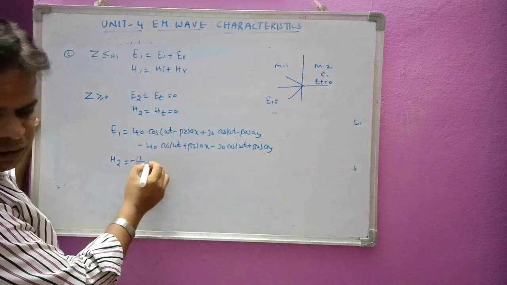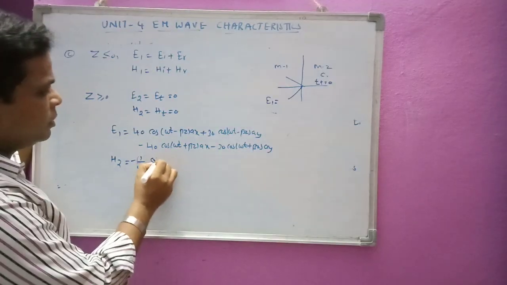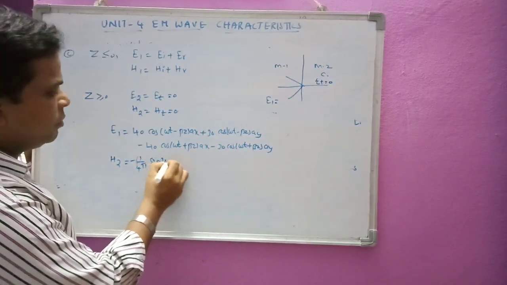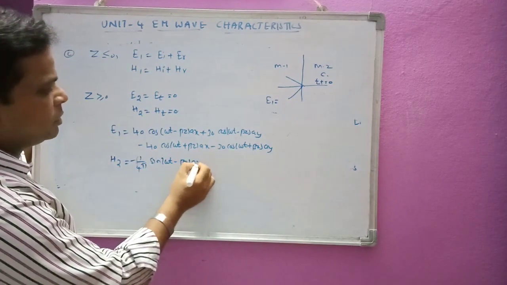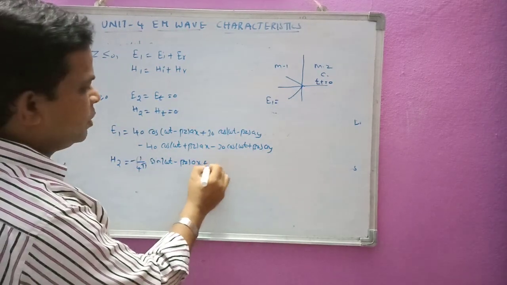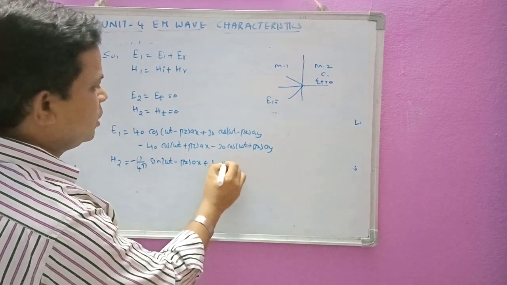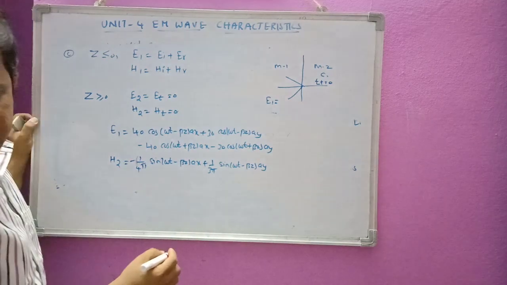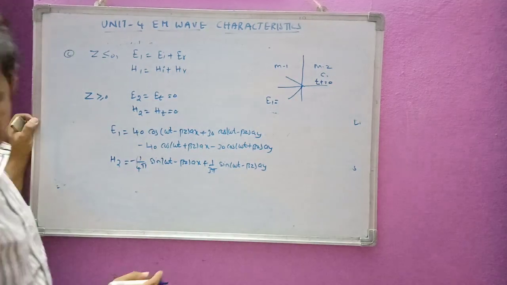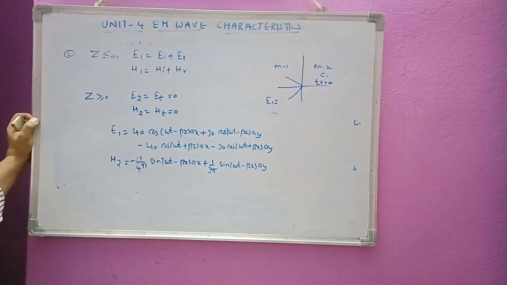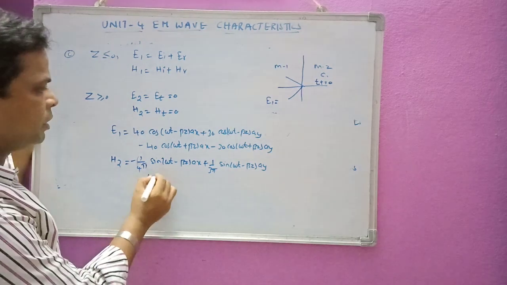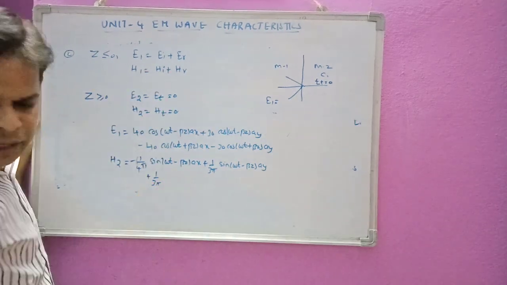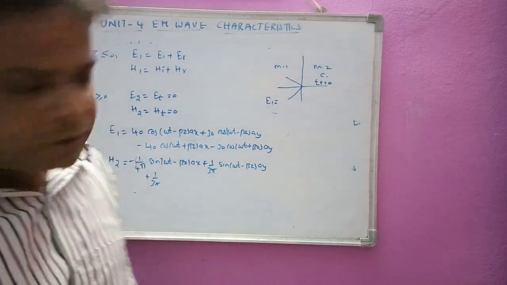H2 as this one: minus 1 by 4 pi sin(omega t minus beta z) into AX plus 1 by 3 pi sin(omega t minus beta z) into AY. And next plus, I will get 1 by 3 pi. So actually we have got the value of HR.